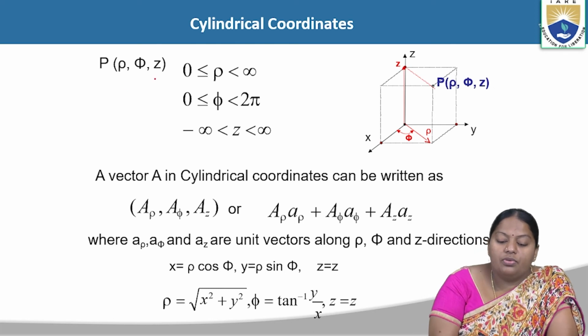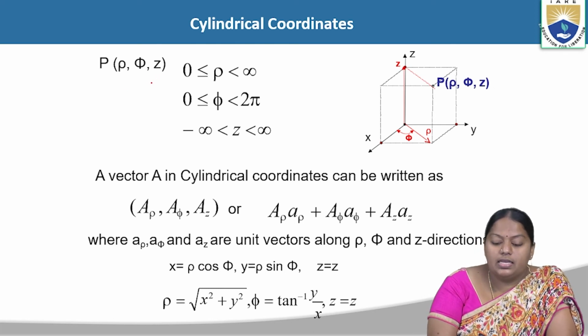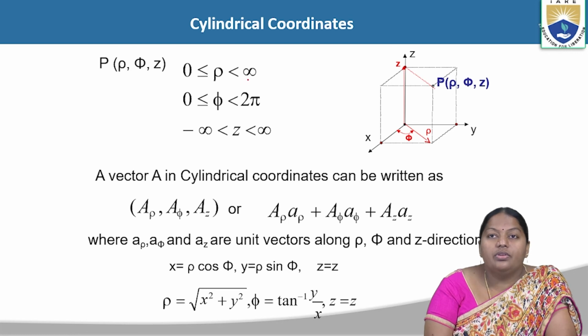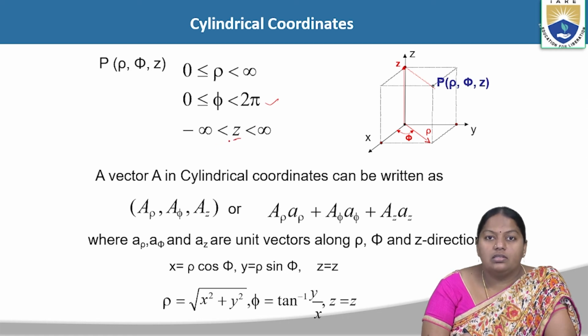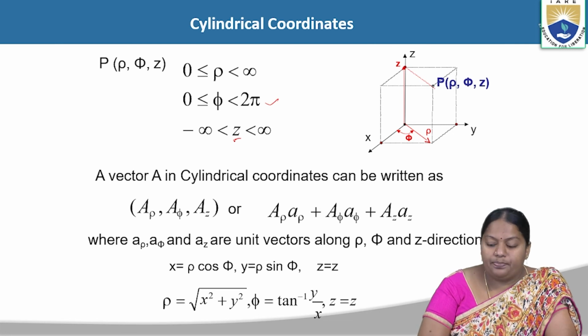Hence, P of rho comma phi comma z, where rho ranges from 0 to infinity, phi ranges from 0 to 2 pi, and z is similar to the rectangular coordinate system, minus infinity to plus infinity, right?